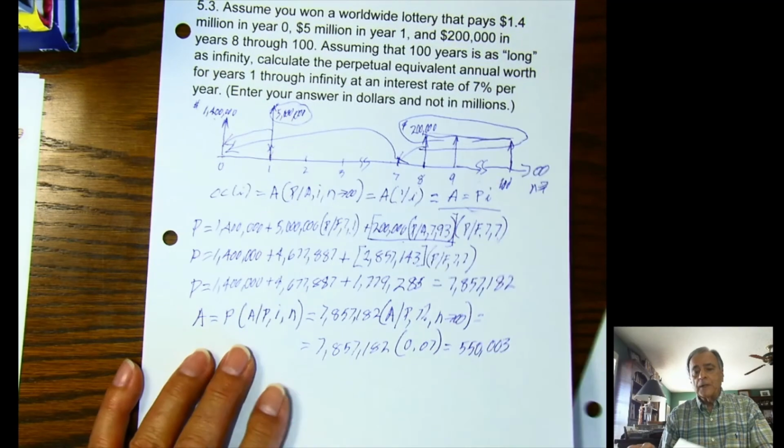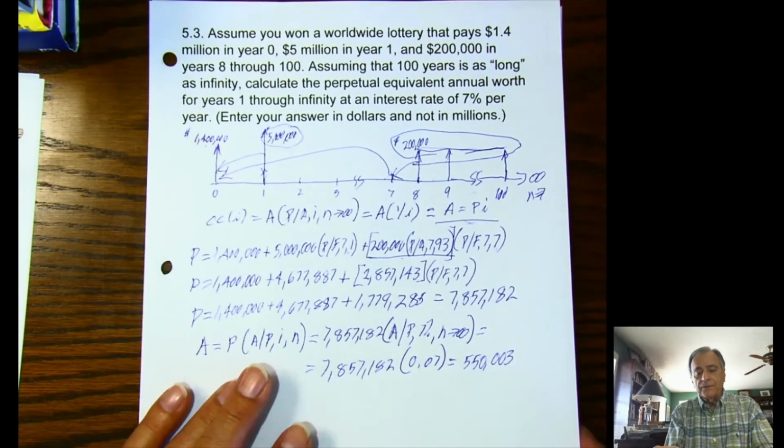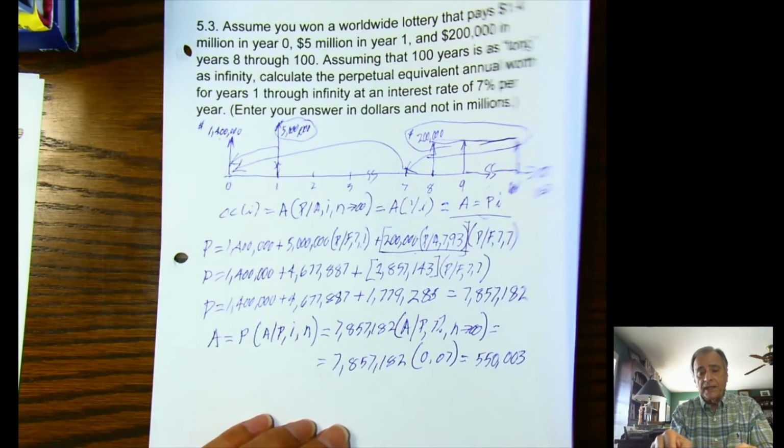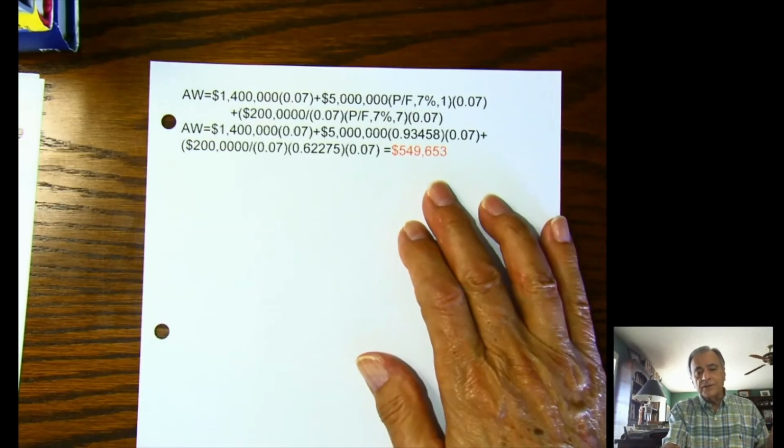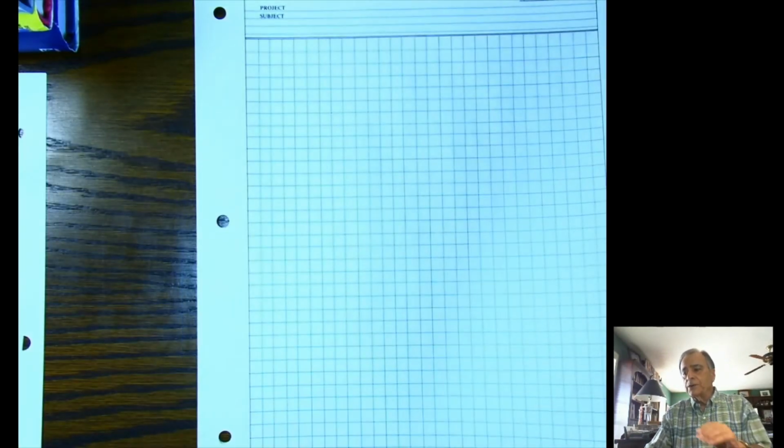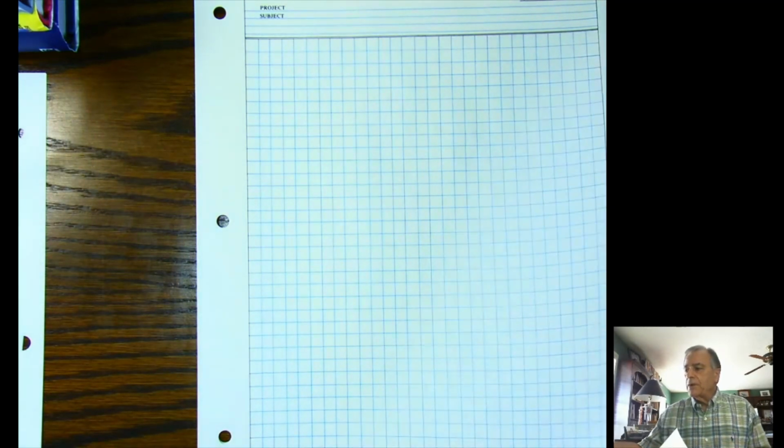And so this is close enough. This is the actual accurate answer. That one, the answer key, is close enough. Either one will give you the answer. The next question I'll do is number 5.7.